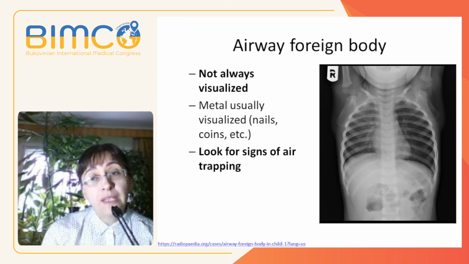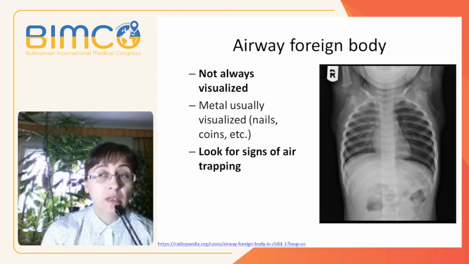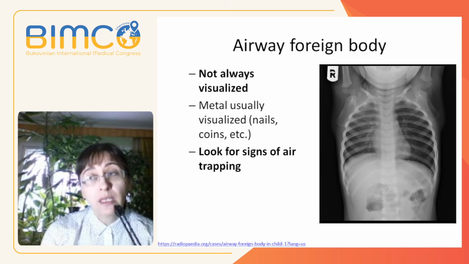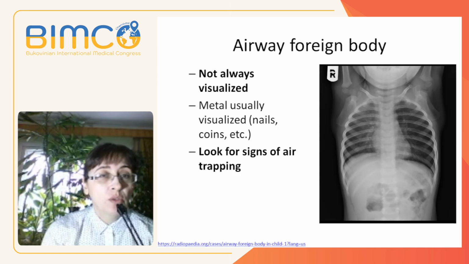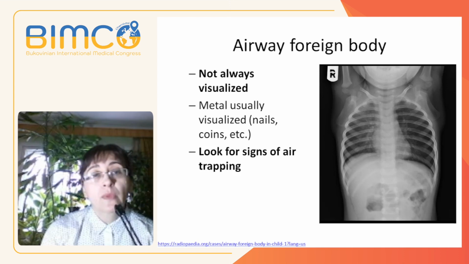Another finding which is very important and may also manifest with similar symptoms in the clinical picture, like wheezing, dyspnea, coughing, low-grade fever or no fever, is foreign body aspiration, which you have to suspect in any child up to 3-4 years old. But foreign bodies are mostly not visualized on chest X-rays.